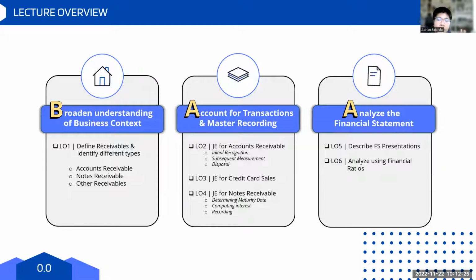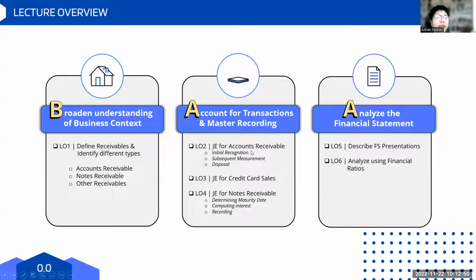So today, we're gonna be focusing on the short problems or the examples that we need to master. Number one, we'll need to learn how to account for accounts receivable. Like how do you measure it initially? What is the subsequent measurement and how do you actually dispose of AR? We'll also tackle credit card sales.